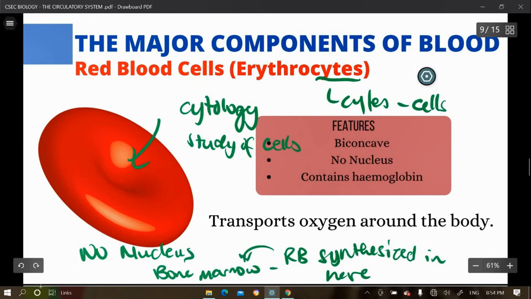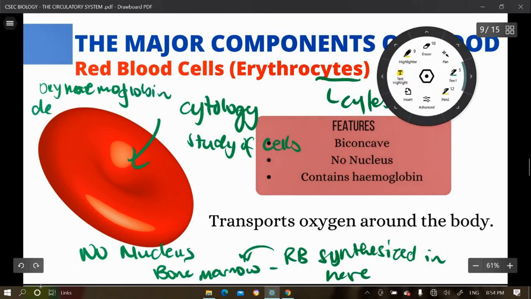Alright? And they contain hemoglobin, as I was saying a couple minutes ago. So basically, as I had said, you have oxyhemoglobin, and the carboxyhemoglobin.